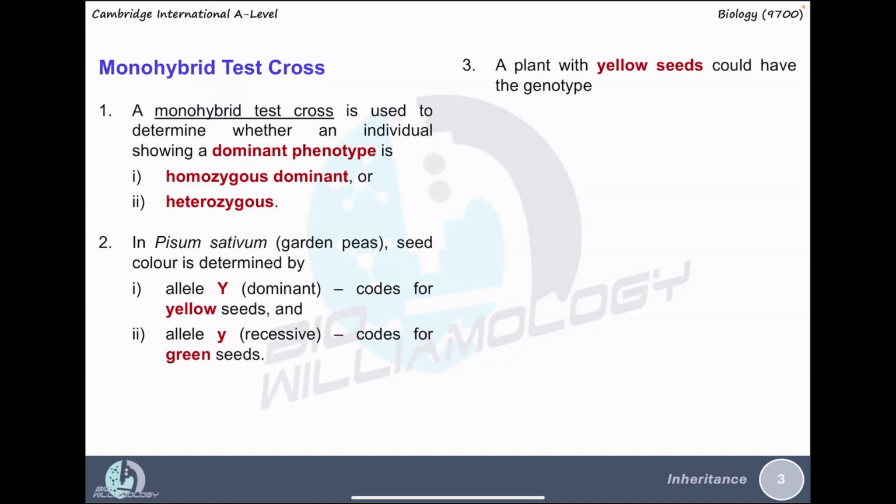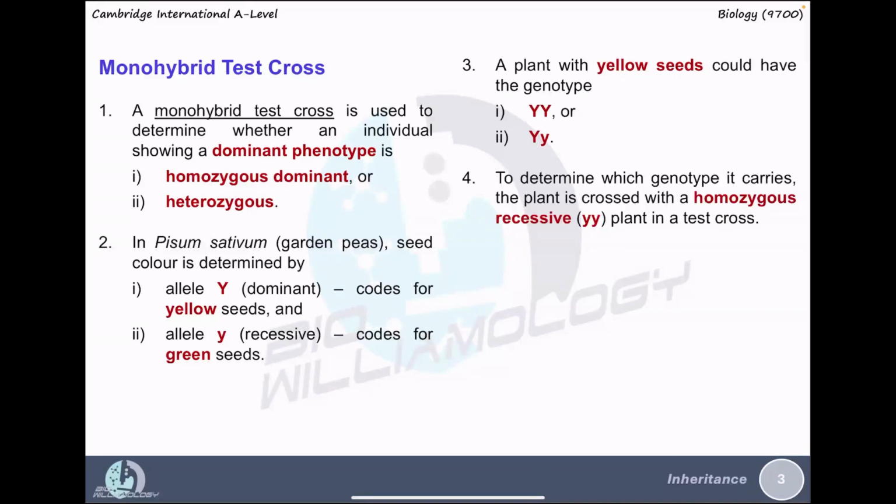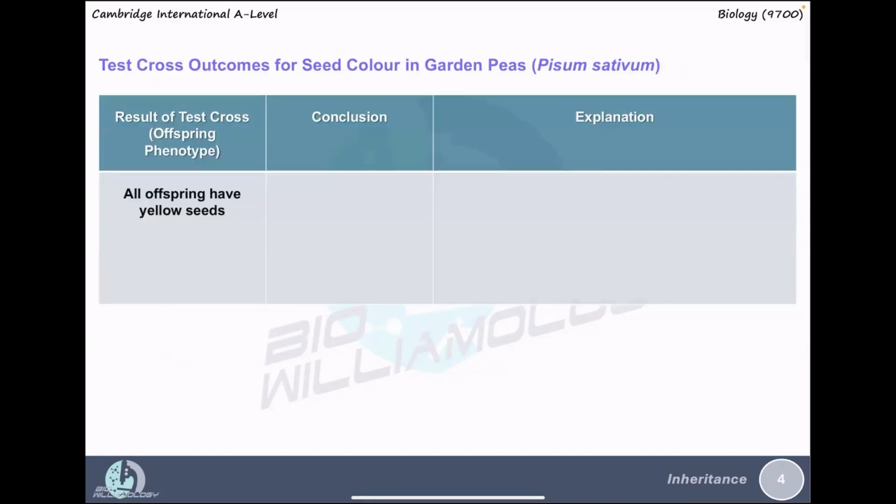So a plant with yellow seed may have the genotype homozygous dominant YY, or heterozygous Yy. In order to determine which genotype it carries, the plant is crossed with a homozygous recessive yy plant in a test cross.